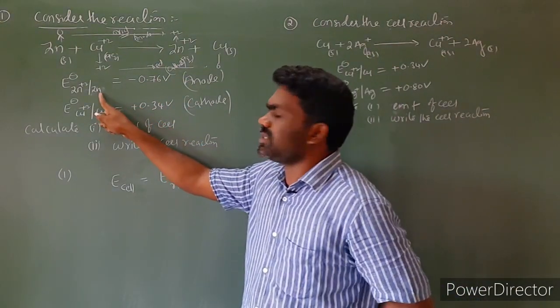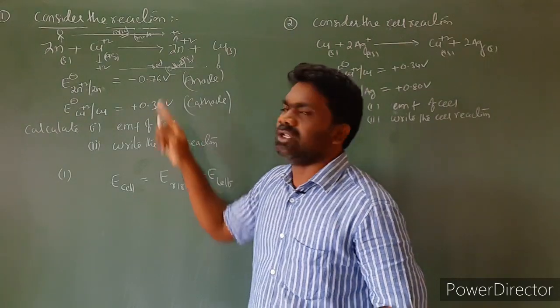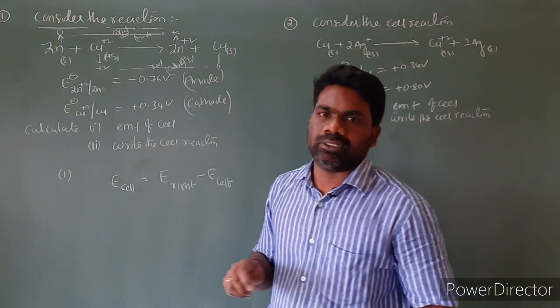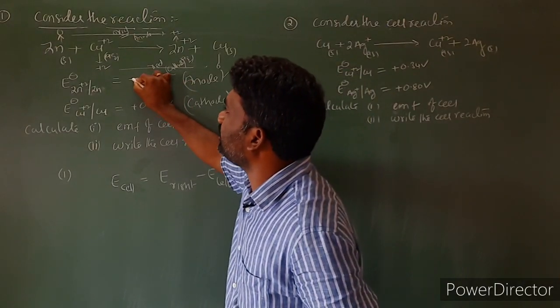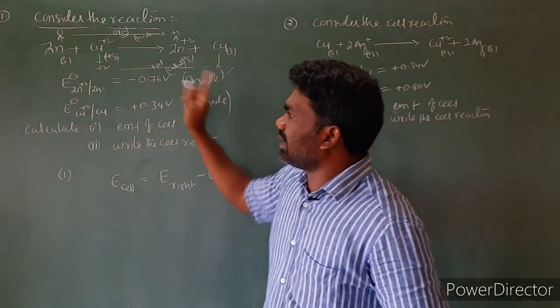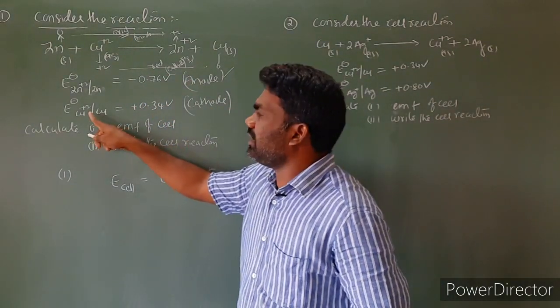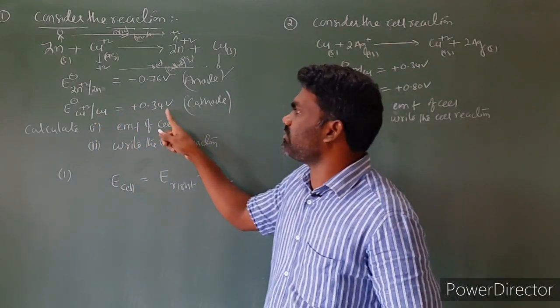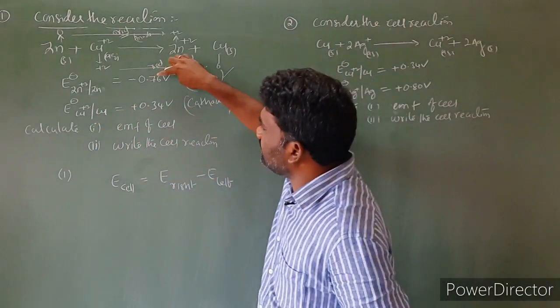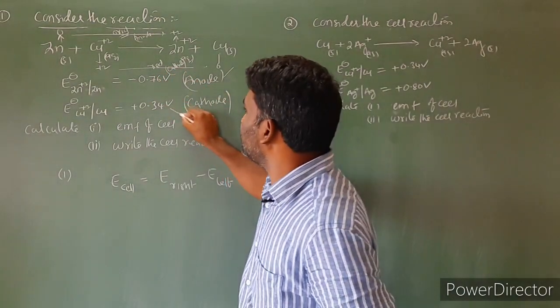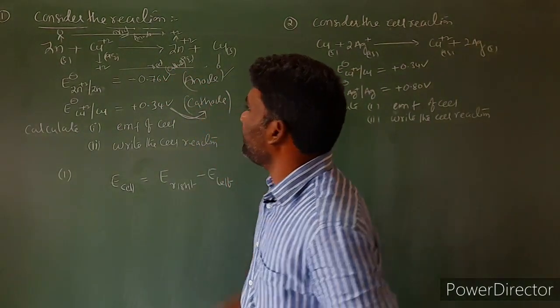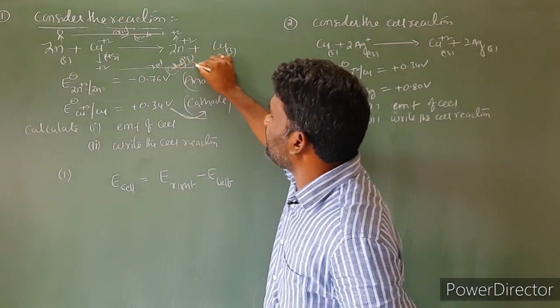The electrode which has the lowest value of standard electrode potential can act as the anode. So this is minus 0.76 volts. Otherwise, you can take the electrode which has the highest value of standard electrode potential. Between these two, the highest value is 0.34, and the highest value is cathode, the lowest value is anode.